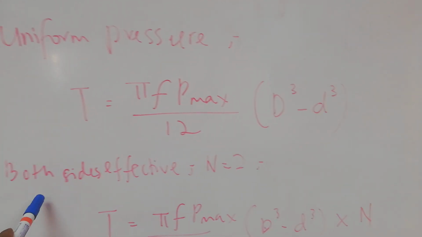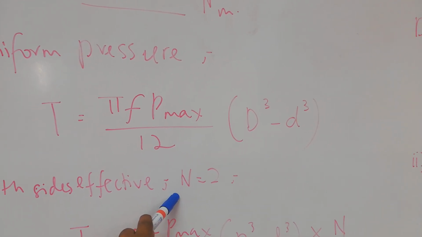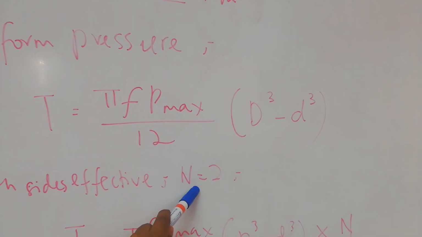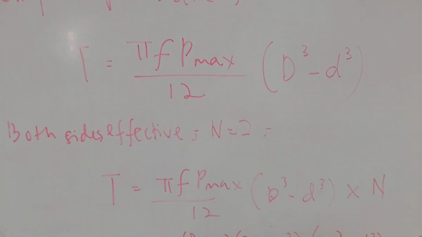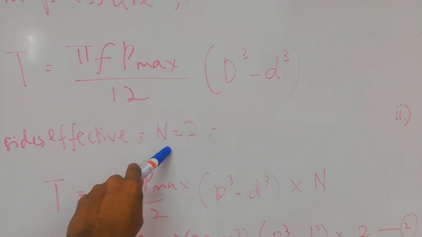Since both sides are effective, the number of active friction surfaces, N, is equal to 2. Okay, so N is the number of active friction surfaces.